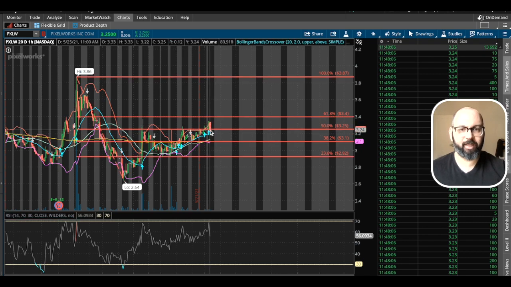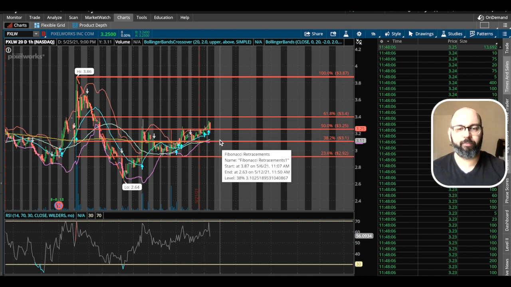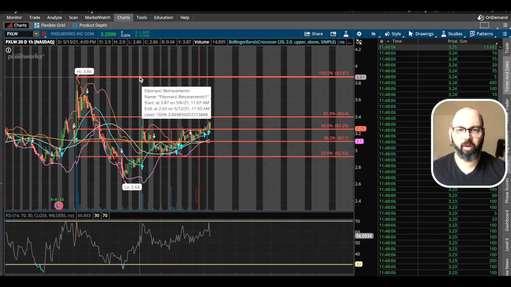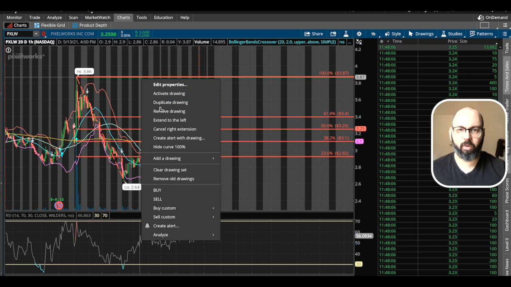If the stock sells off and holds, hovers on the support line but doesn't go below, this is another potential buying opportunity for me to get back in on the way up. Now, here's how this can also work on the way down for potential stop losses. So what I'm going to do is right click and hit remove drawing.